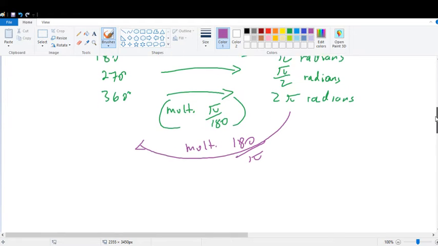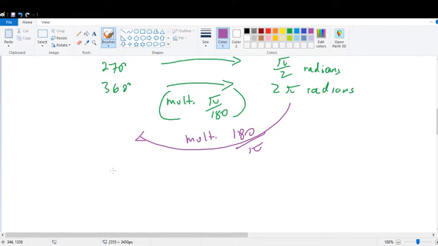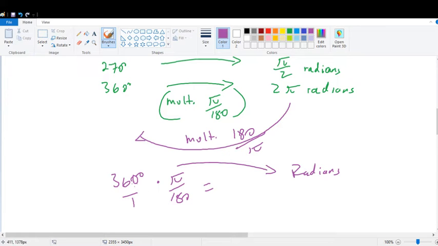Let's do one example. So let's say that I have, let's do, again, 360 degrees. I'm going to convert it to radians. So to do that, I use this formula up here. Multiply times pi over 180. Recall that when you multiply fractions, you can go straight across if you want to, or you can look for those shortcuts.